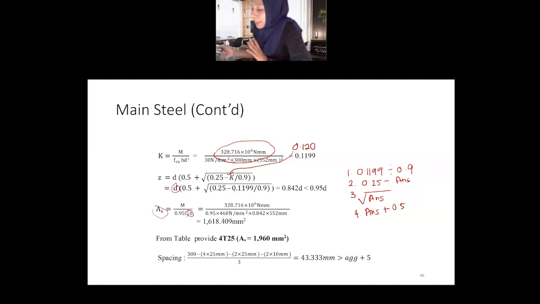For main steel, kita nak kira area. Masukkan je M. Again, use the value of M, 328.716 darab 10 power 6. Make sure it is also in Newton mm.